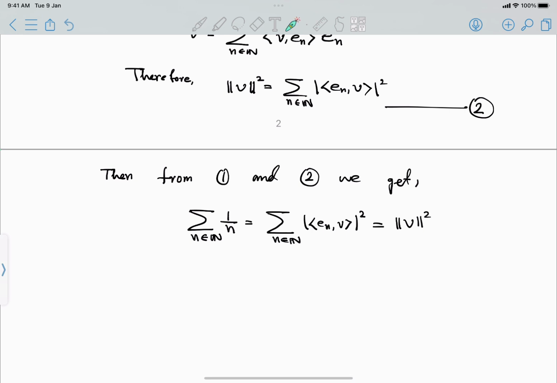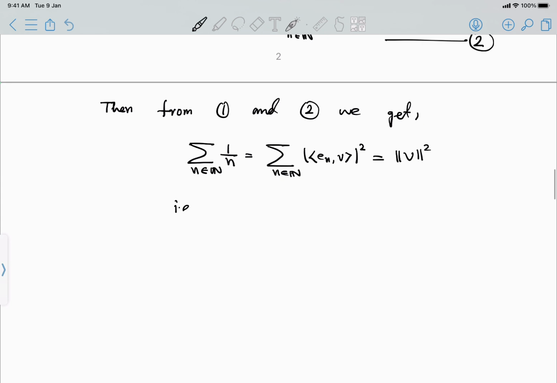But this is a harmonic series, and we know this series diverges. But the norm of v is the norm of a particular element, so it is finite. So the summation from n equals 1 to infinity of 1 by n equals norm v squared, which is a contradiction.